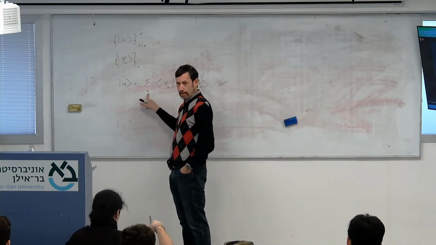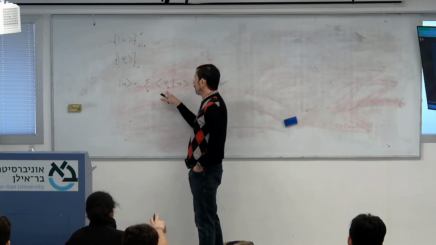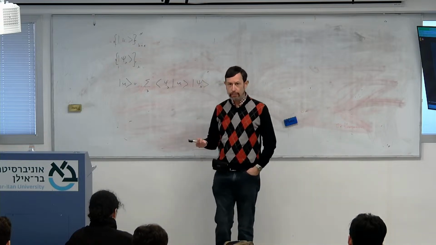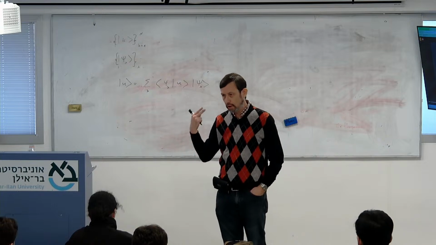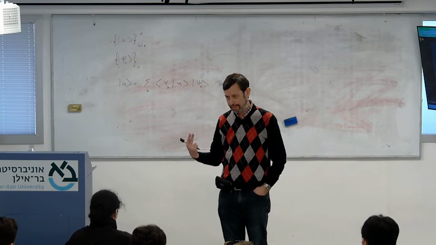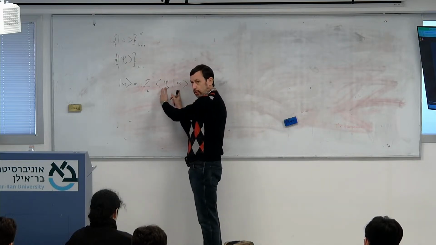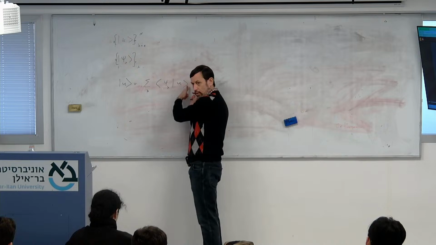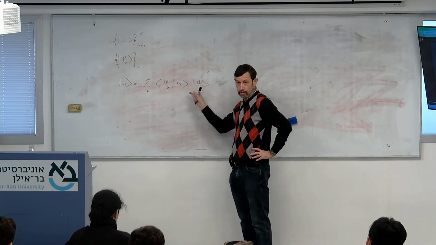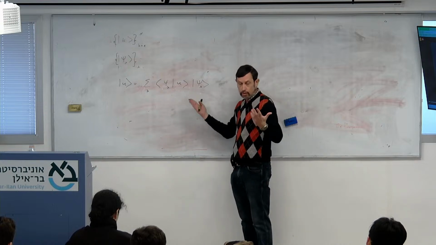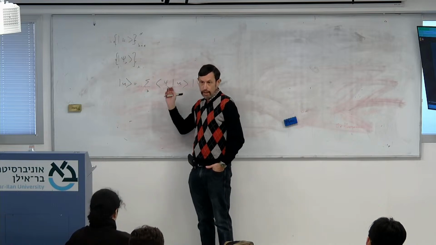For each eigenvalue I have an eigenfunction, so I sum over all the eigenvalues, scalar multiplication of the coefficients, multiplied by the eigenvectors, and this is a description of a vector u in this basis.